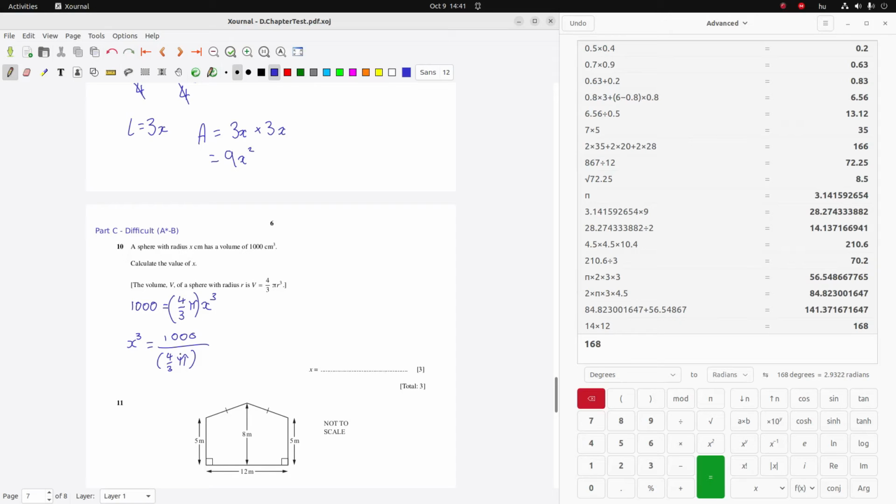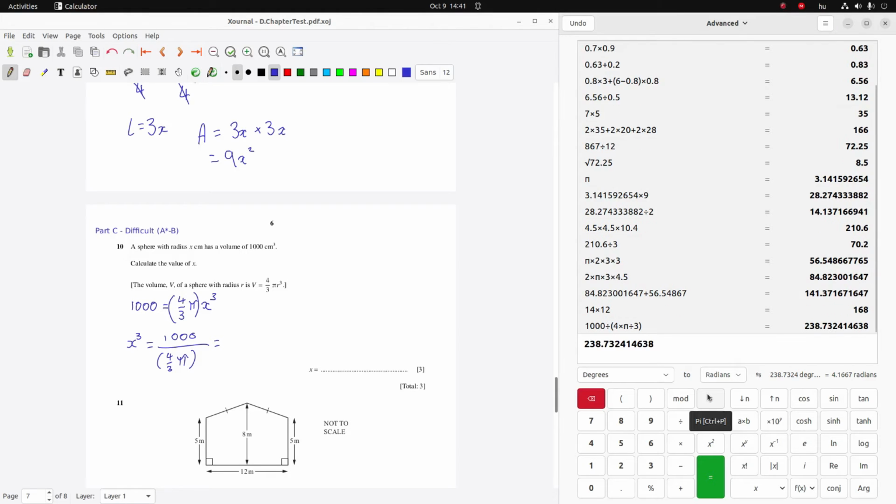We can just put this in the calculator. 1000 divided by, open brackets, 4 times pi divided by 3, close brackets. 238.7324.